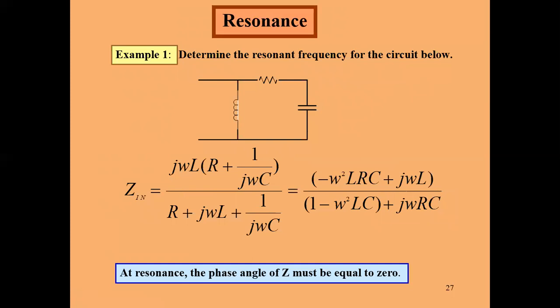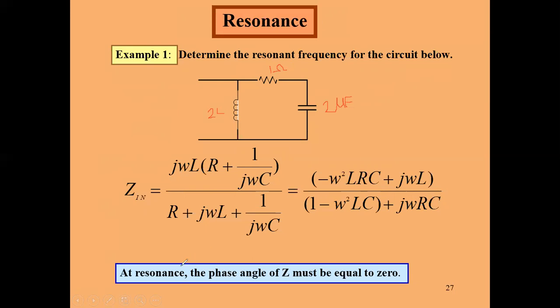So the example: determine the resonant frequency for the circuit shown below. If we have been given some circuit, the values of that circuit are like 2 H for L, here 1 ohm, and here 2 microfarad. Like this, when the values are given, we are able to solve this equation.